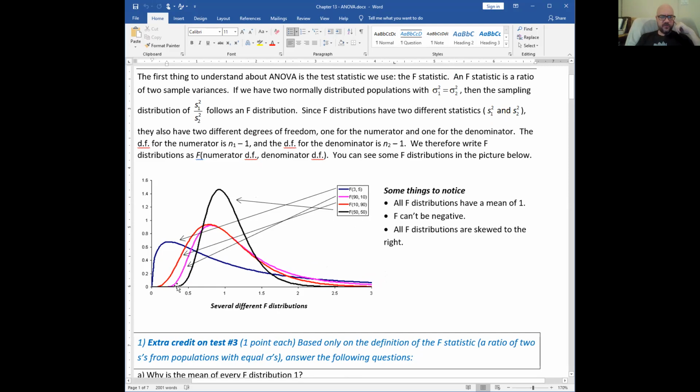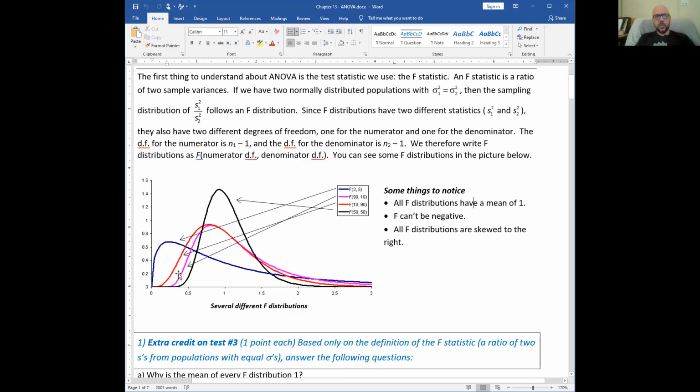This one, where F has 50 numerator and 50 denominator degrees of freedom, is starting to look very much like a normal distribution. And in fact, if you get an infinite number of degrees of freedom in both of them, you do actually get a normal distribution. That's not a thing we're going to need to worry about, but that is true.